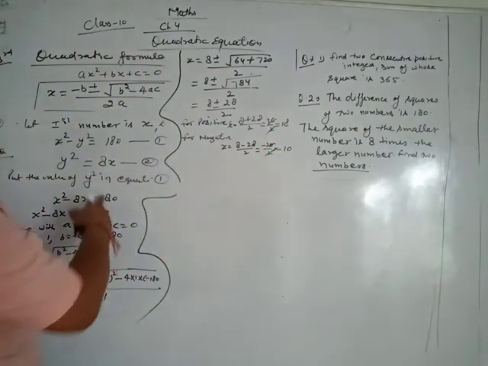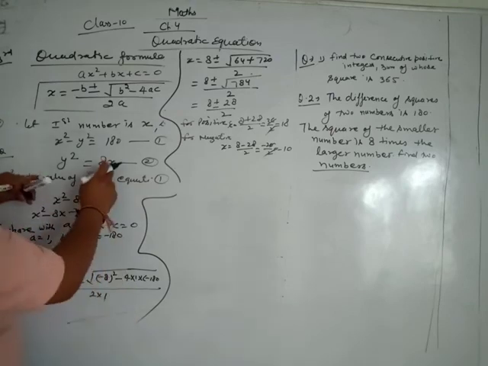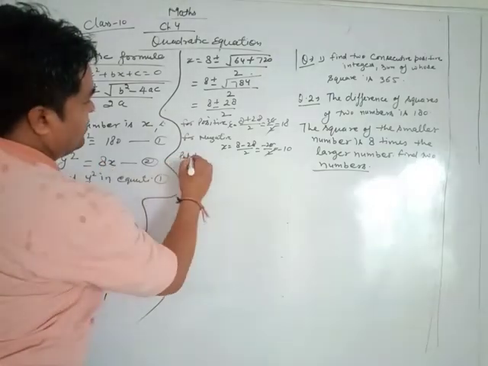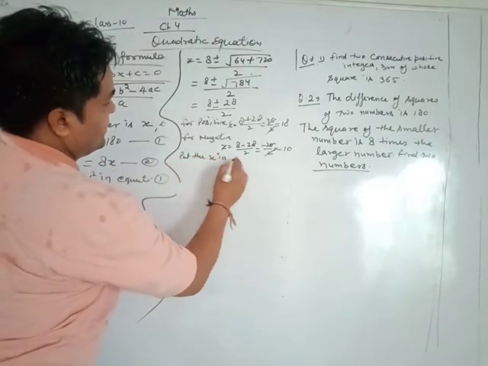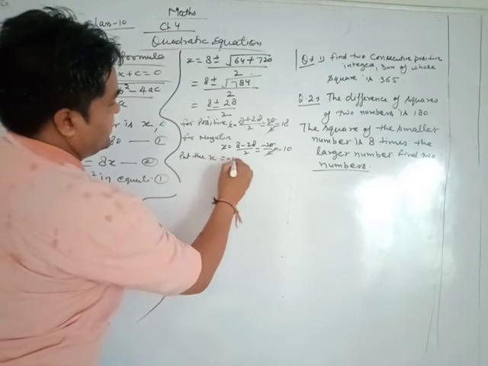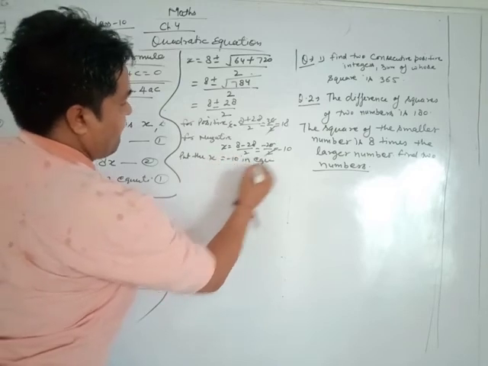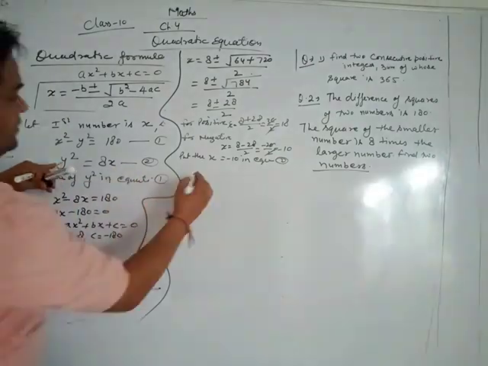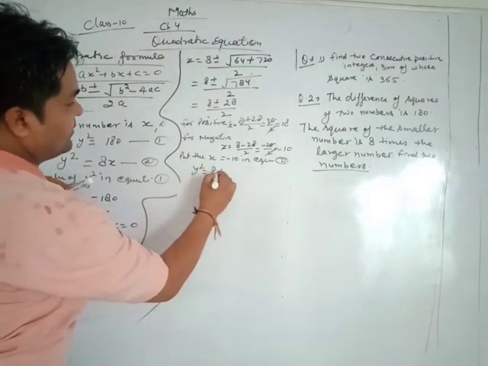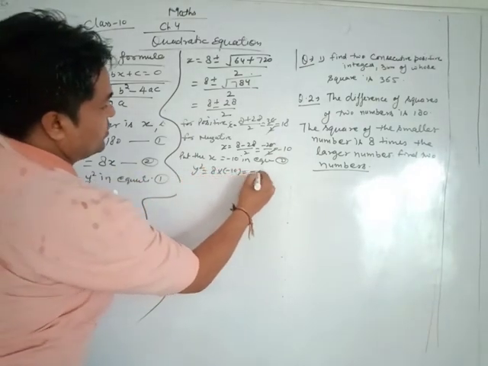So now put the value x equal to minus 10 in the second equation: y square equal to 8 multiply minus 10 equal to minus 80.